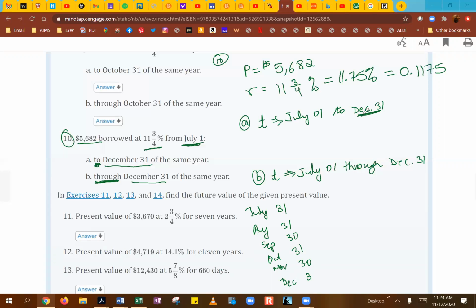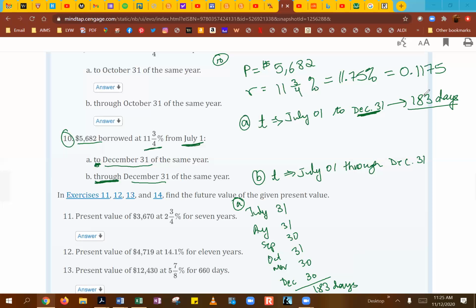But we are not counting the 31st, which means for part A, you are just counting 30 days. So that's 1, 2, 3, 4, 5, 6. 6 threes are 18 plus 3 days. So you're getting a total of 183 days. Our time here is going to be 183 days.